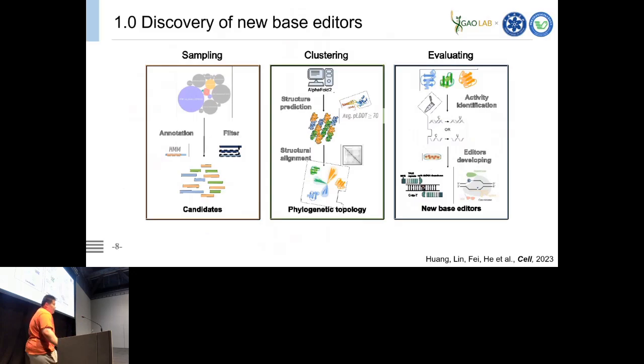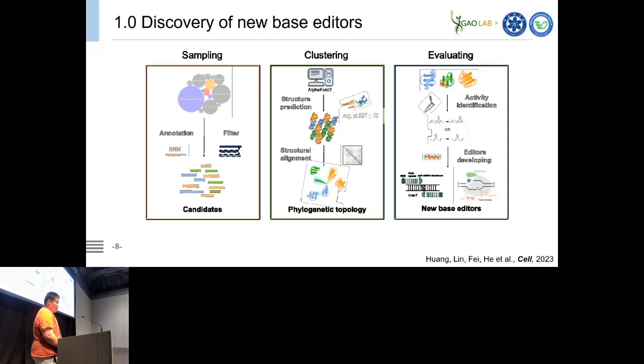So in 2023, we tried an idea that is now mainstream, large-scale structure mining. We first screened the deaminase CDA superfamily by sequence similarity. Then, with collaborators, we used AlphaFold 2 to predict their structures. We used structure, not sequence, to organize the proteins, and that revealed hidden connections.